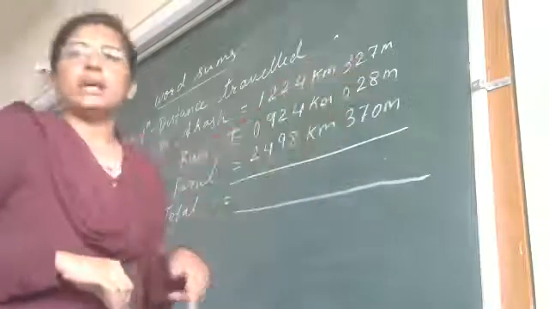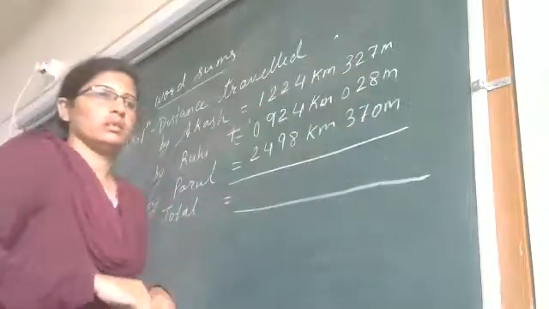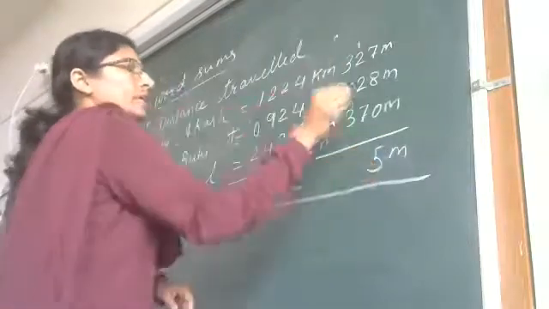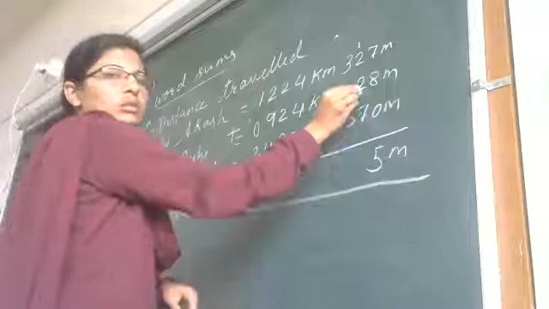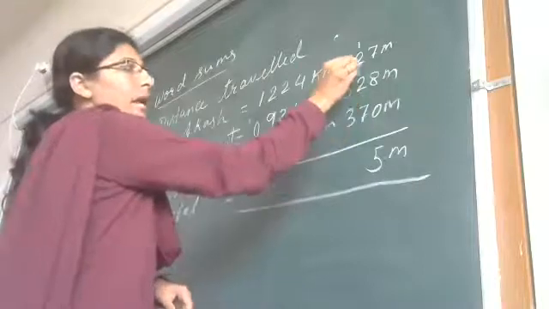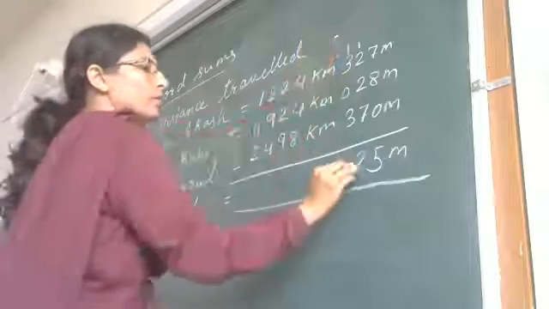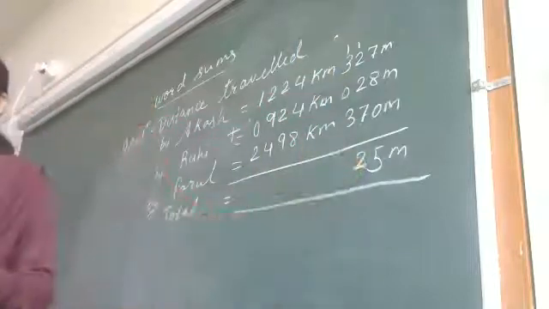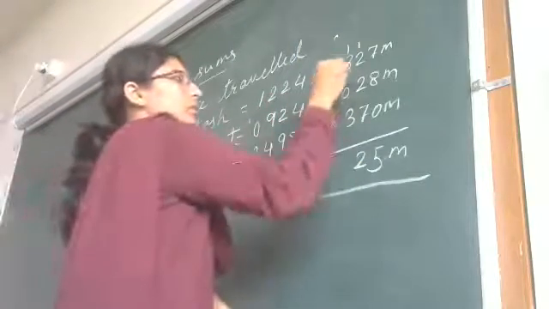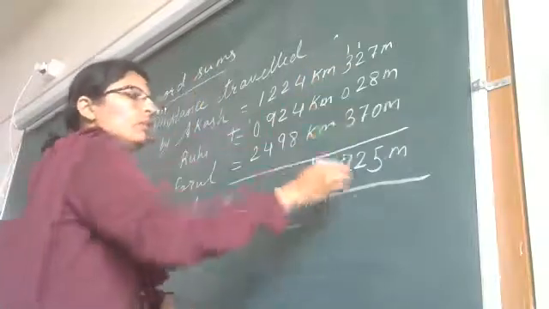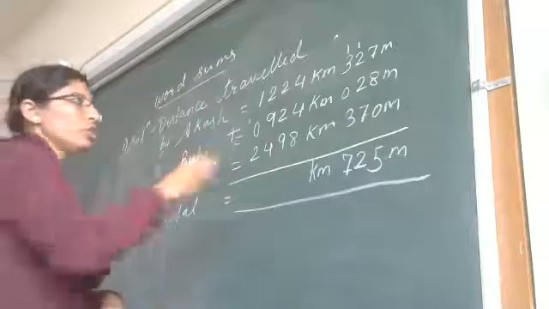Add 7 plus 8, 15. Then 7 plus 2, 9. 9 plus 2, 12 plus 1, 12. Then 7. Now this meter calculation is over.